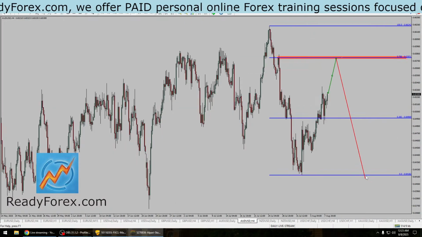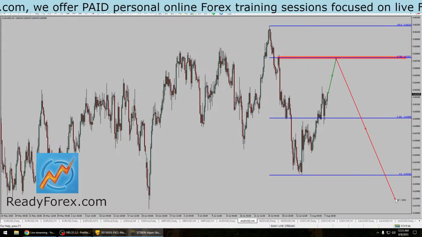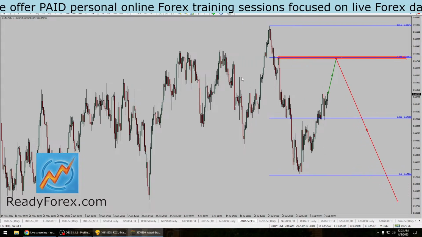So this is the forecast for the Aussie dollar, Australian dollar versus United States dollar currency pair.